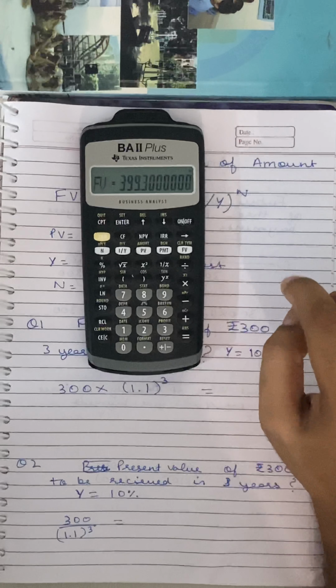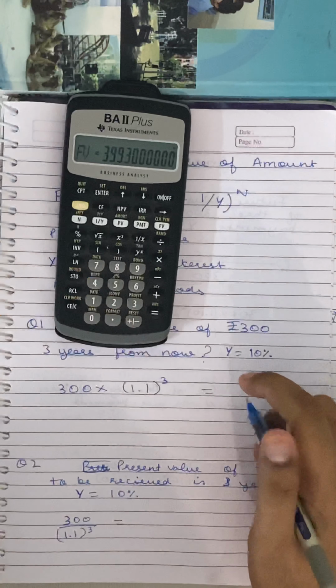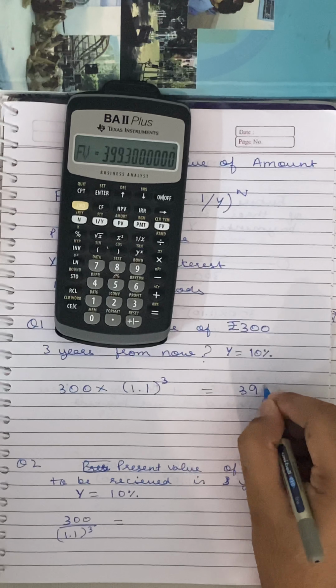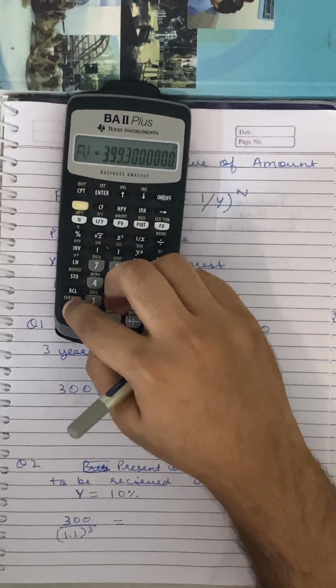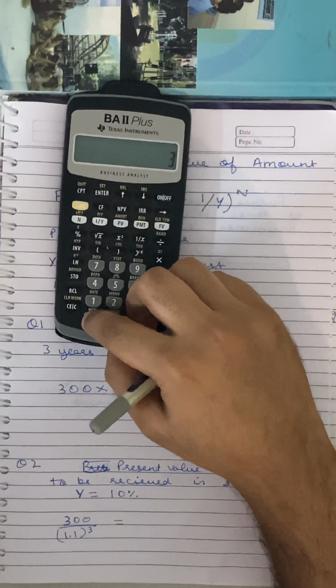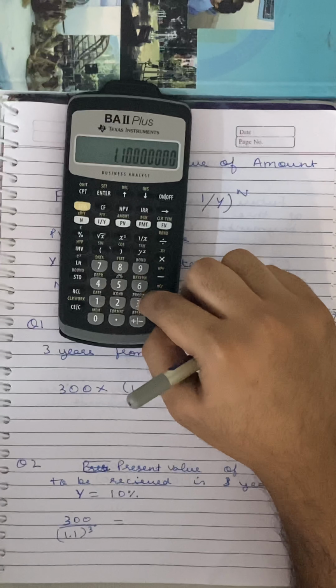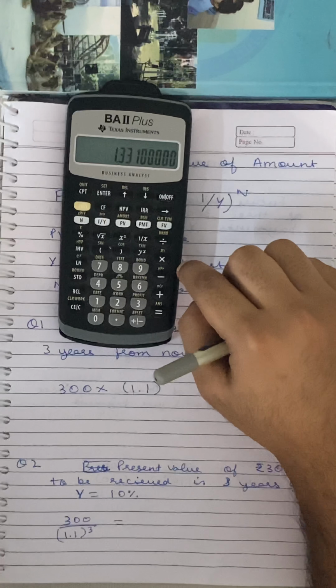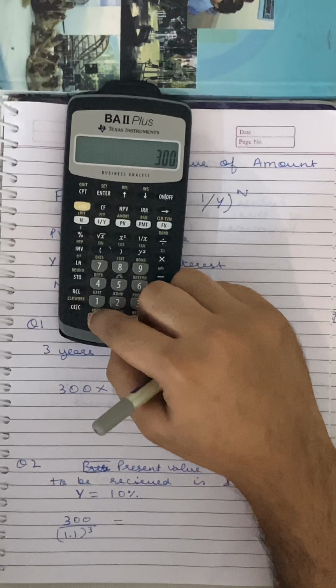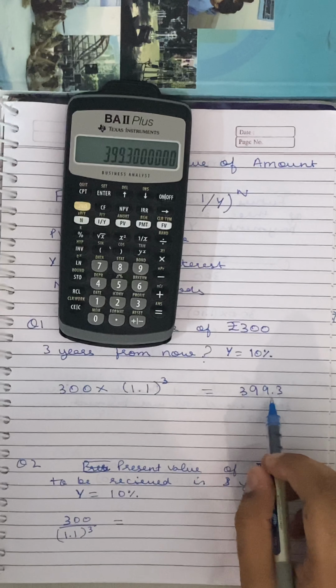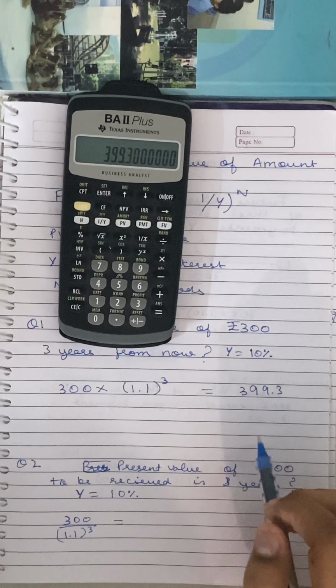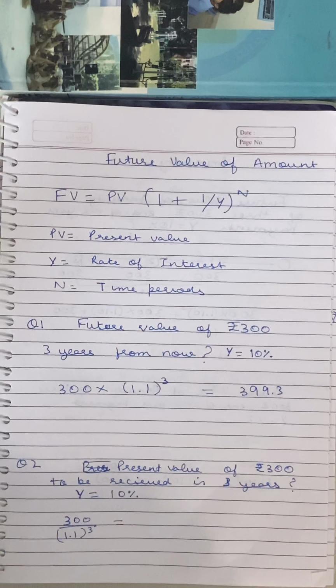Okay, so it is 399.3. And if we do it like this, 1.1 to the power 3 times 300 is going to be the same answer, you can see. Okay, so let's move on.